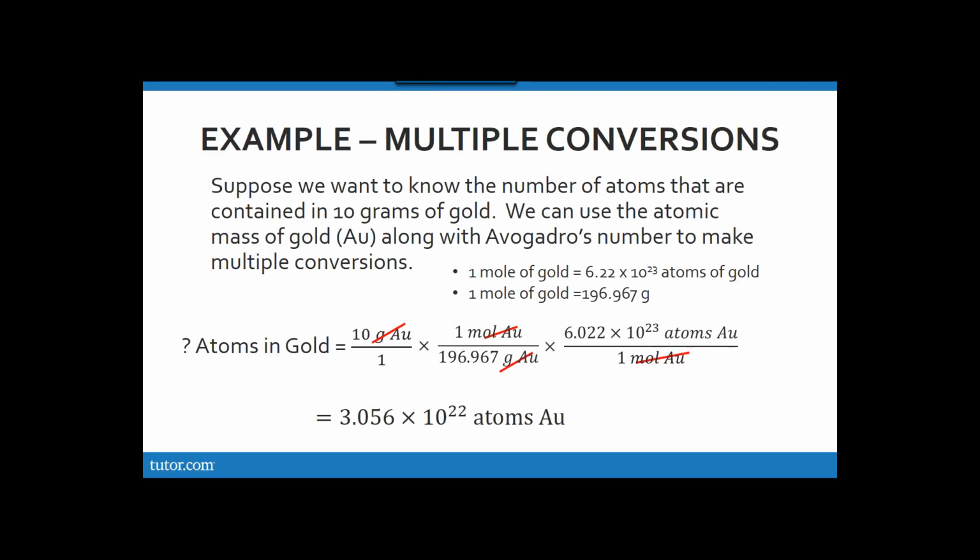And so that's why I tried to choose here something that I thought would work across the board. Start with what you don't know. Set that up first, and then fill in what you're given, and then just try to think of what conversion factors may work.